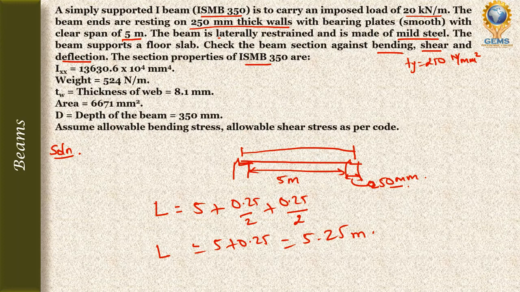Second, in the question it says assume allowable bending stress and allowable shear stress. So it is a laterally restrained beam. So allowable bending stress sigma bc, sigma bt is equal to 0.66 Fy.